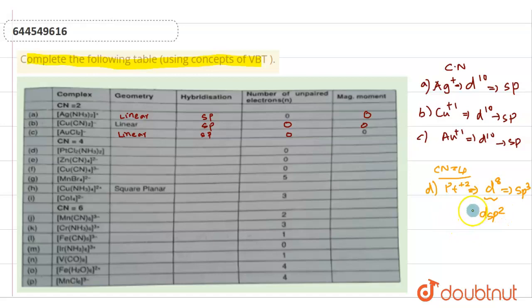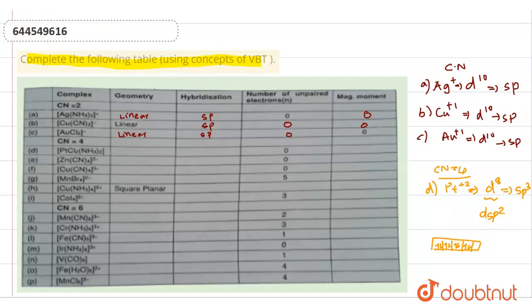We have 5 d orbitals, 1 2 3 4 5, and all the d orbitals have paired electrons, so d8 will be like this.